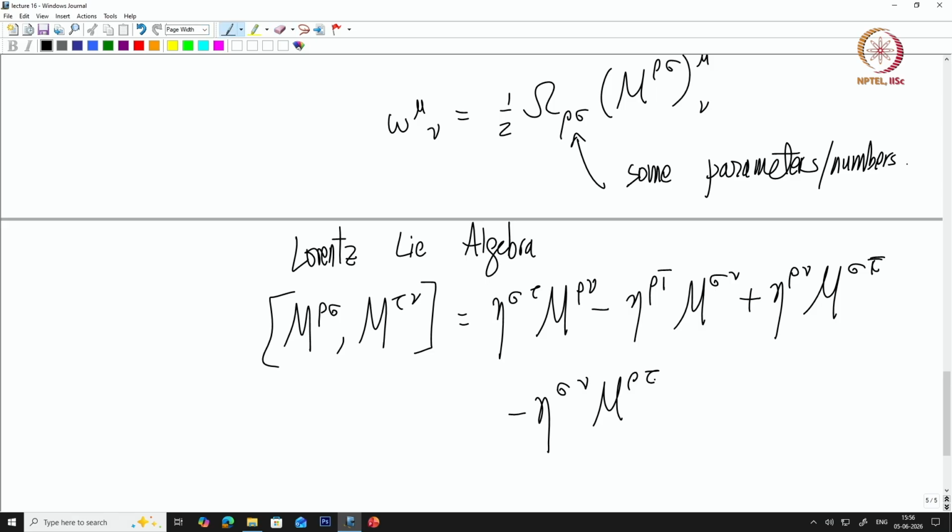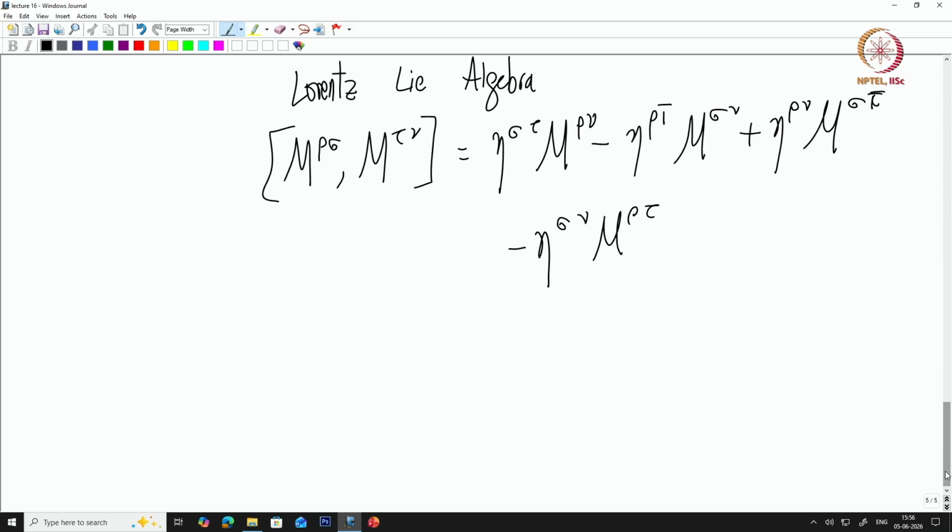So at the end of the day, this is a Lie algebra, and I'll end up having Lambda is equal to exponential of 1 by 2.